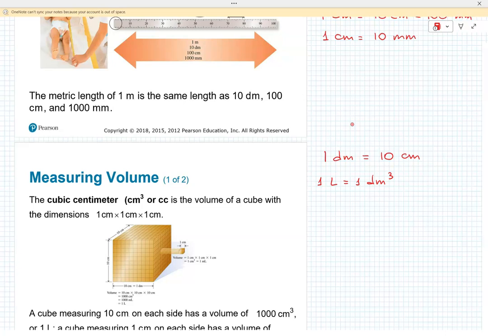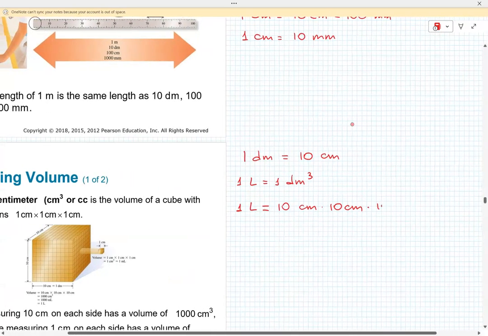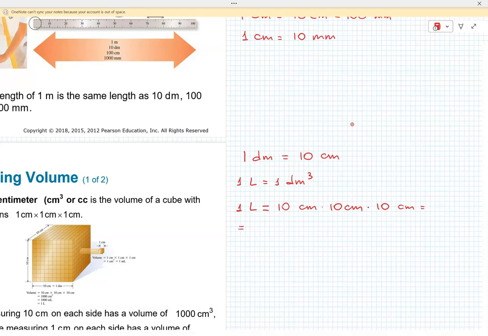This is the definition of a liter. Okay, good? So it means that 1 liter equals 1 decimeter multiplied by 1 decimeter multiplied by 1 decimeter, or 10 centimeters multiplied by 10 centimeters multiplied by 10 centimeters. 10 multiplied by 10 multiplied by 10 will give you 1,000 cubic centimeters.